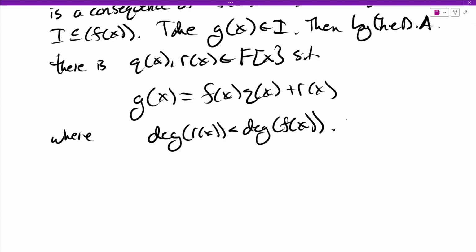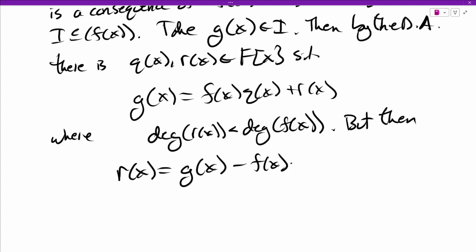Okay, but as in the proof for Z being a PID, this allows us to write r as g of x minus f of x times q of x. Now, f is in I, so any multiple of f is in I, and I is closed under subtraction. So this whole thing is in I.